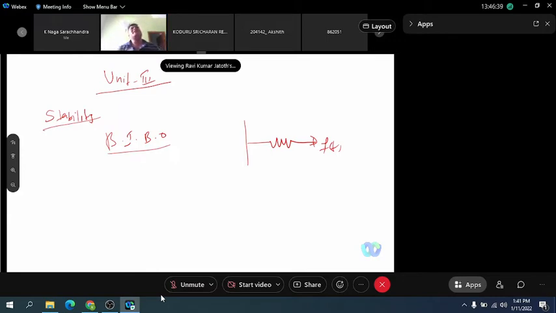Let me give an example. Let us take one example. One transfer function is 1 by 1 plus s, and there is one more transfer function which is 1 by 1 minus s. Now if you want to see the time domain response, or time response analysis, this is in the s domain, right?